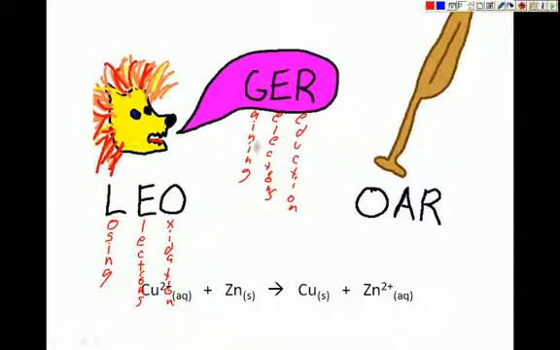And as I see here, Mr. Lum made a spelling mistake. Electrons. Okay. Anyways, now oar. Now what does that mean? Oar is oxidizing agents are reduced.